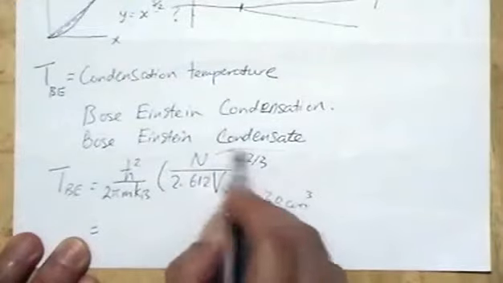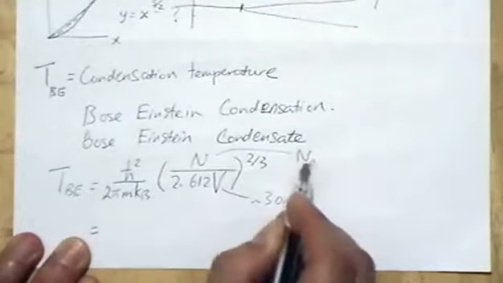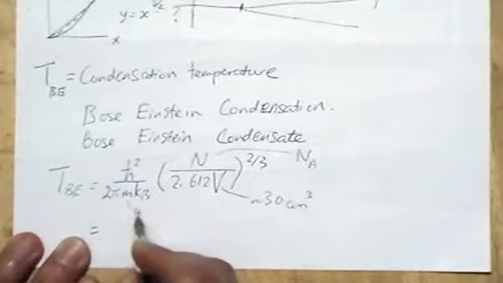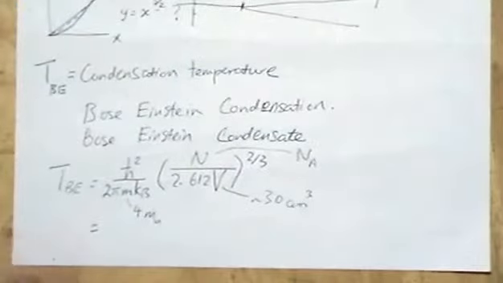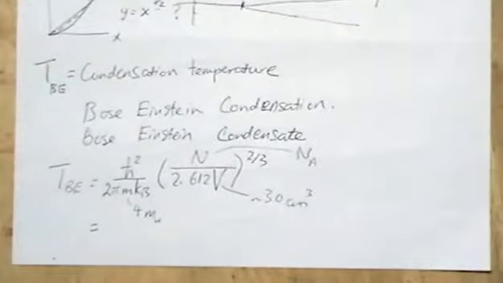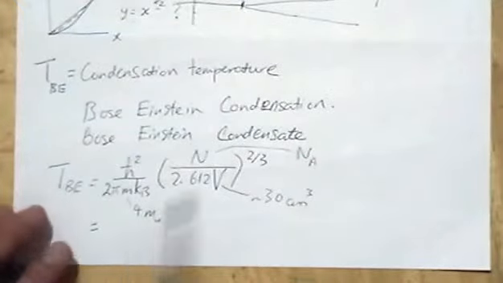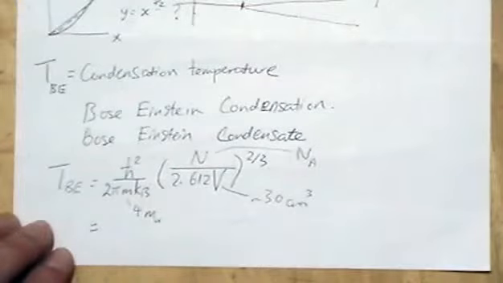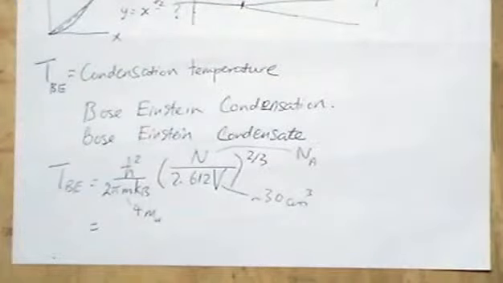N here is the Avogadro constant, and m there is 4 times the atomic mass unit. So using these numbers, we can now calculate.